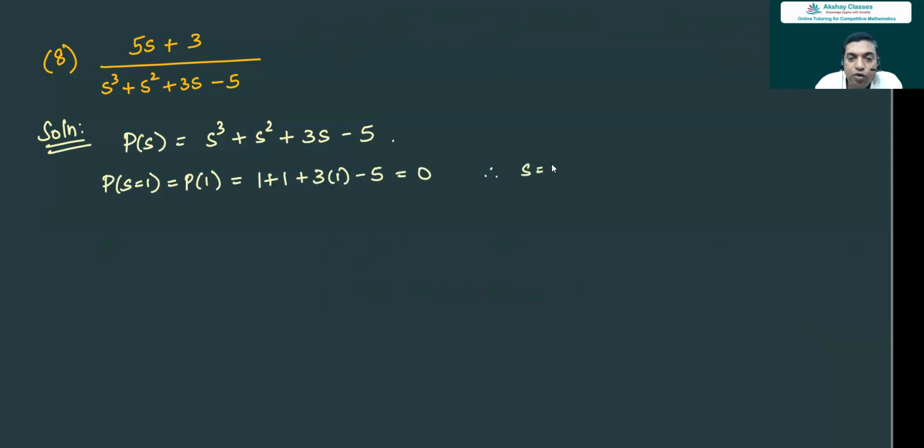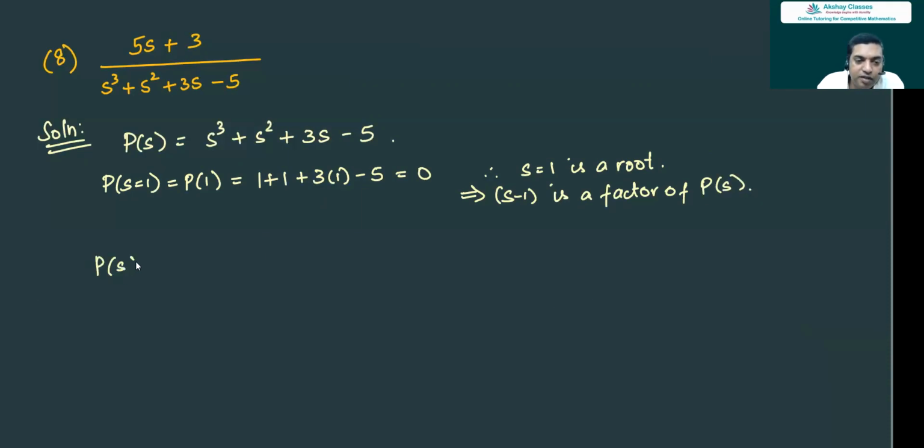Therefore, s equal to 1 is a root, which means s minus 1 is a factor of this polynomial in s. So this denominator, polynomial in s, we can write with a factor s minus 1.